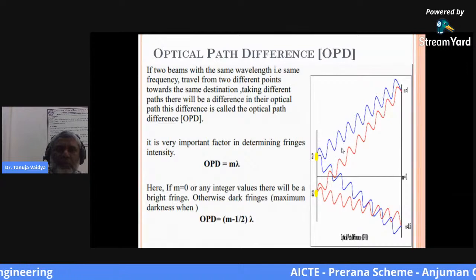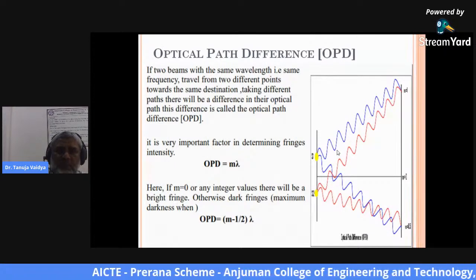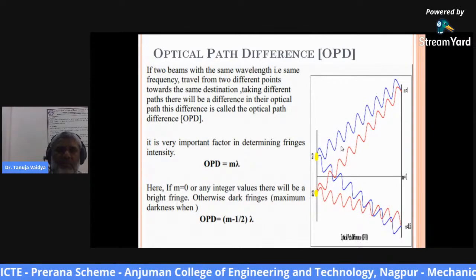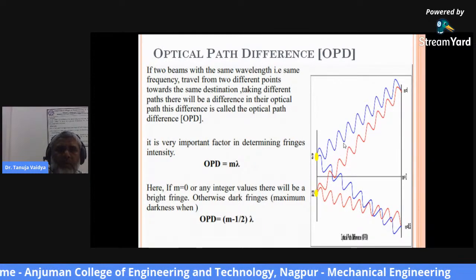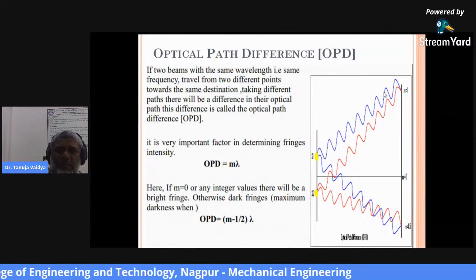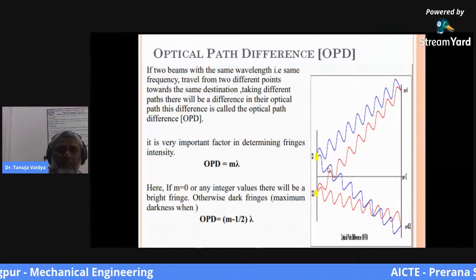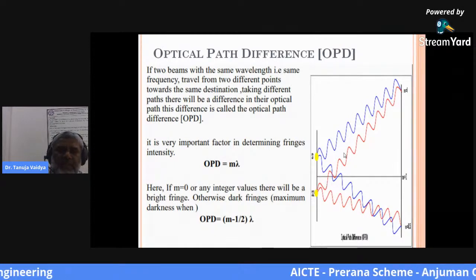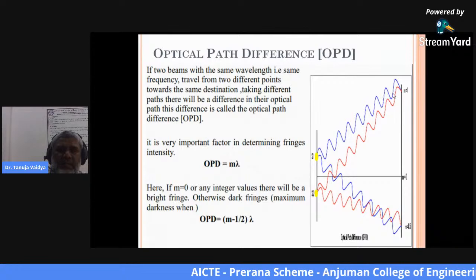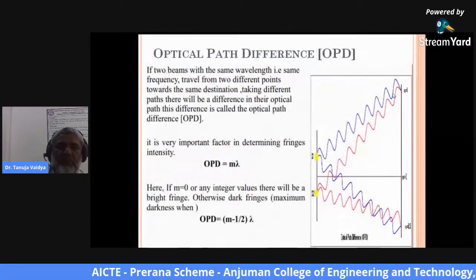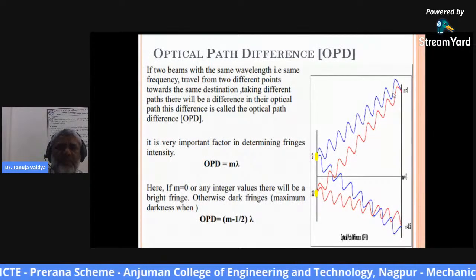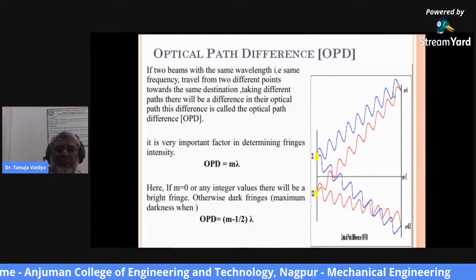If two beams with the same wavelength, that is the same frequency, travel from two different sources towards the same destination, these are the two beams, blue and red, going towards the same destination, taking different paths.